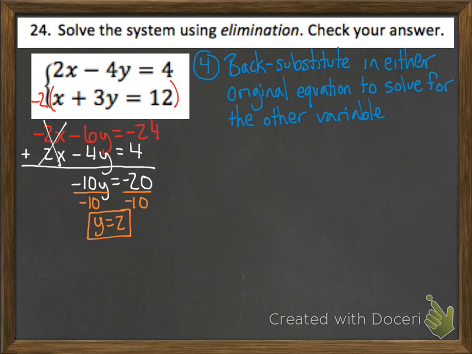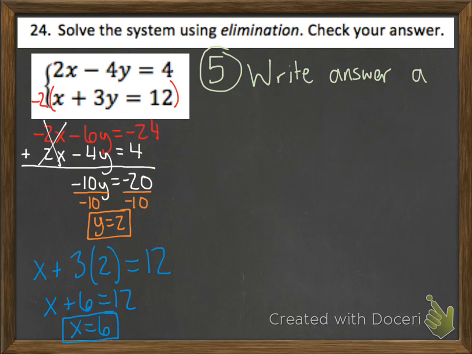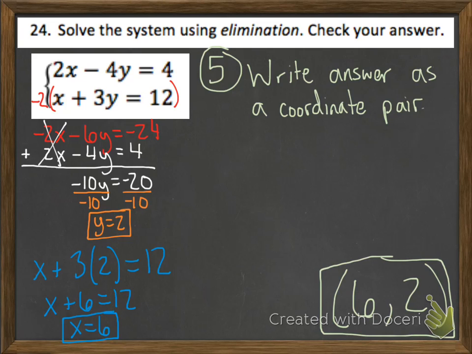I'm going to choose the easier one, so I'm going to choose the bottom one. x plus 3 times 2 equals 12. That's x plus 6 equals 12, and x equals 6. So I know my answer is x equals 6 and y equals 2, and I need to write that answer as a coordinate pair. So my answer is 6, 2.